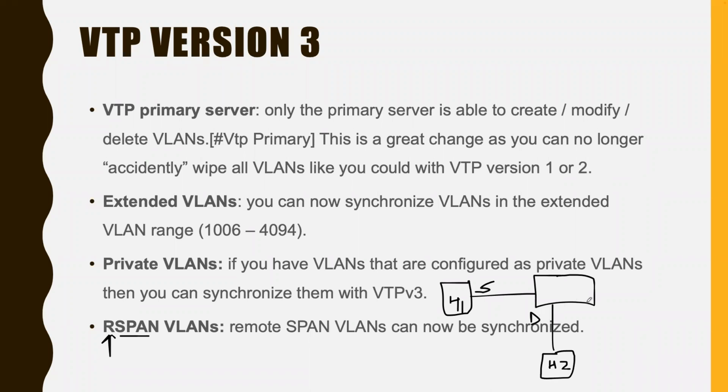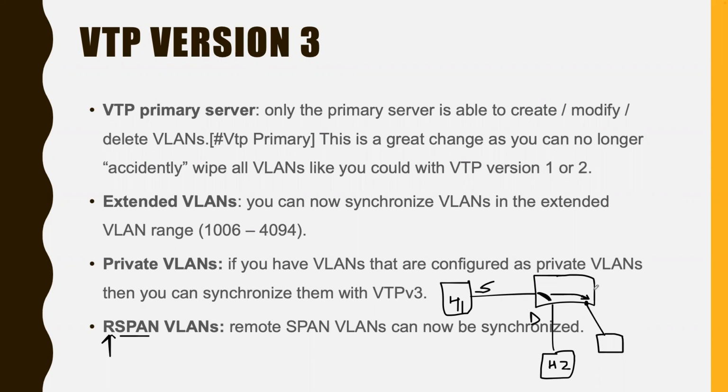So you can configure a port as a SPAN port, and the switch will copy all the data traveling over these ports onto this third port also. This is known as spanning, and this is local spanning. Is it similar to port mirroring? Port mirroring, yeah, kind of.